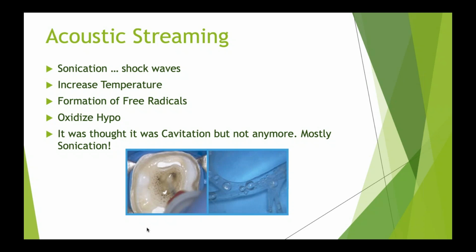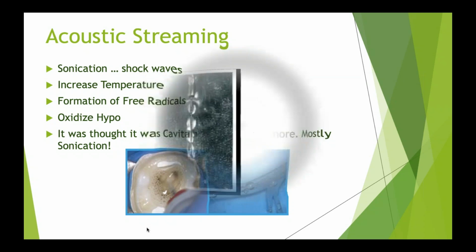It oxidizes the hypochlorite. It was really thought of as cavitation at one time, but now we're mainly calling it sonication. It's just the movement more rapidly of solutions that you can't really get just by a needle tip or, you know, the Irriflex or whatever it is that you're using.